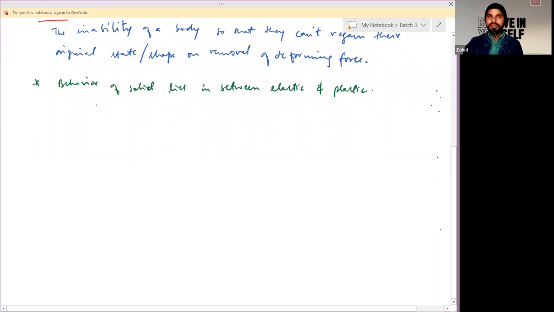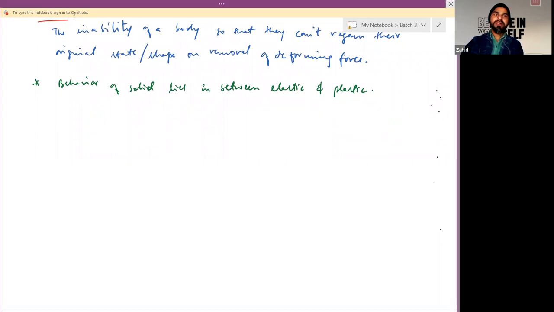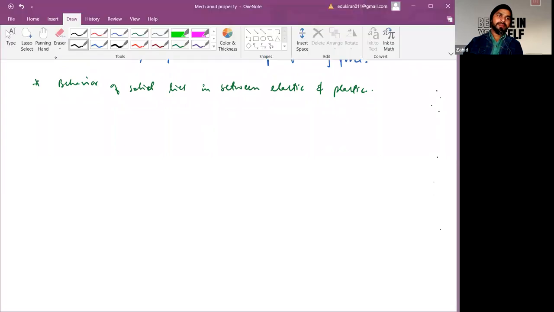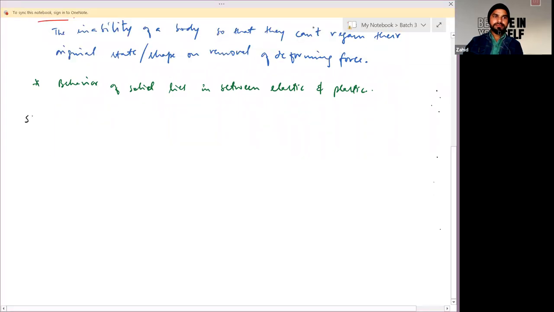Now for this deformation, we may define some terms. First is stress.